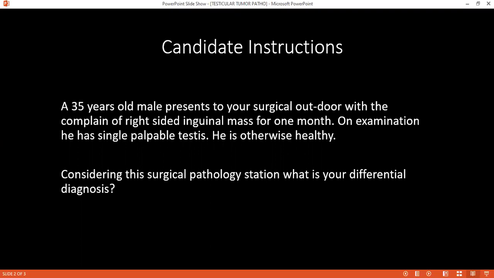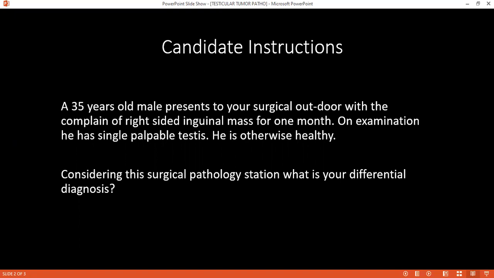To confirm my diagnosis, I would need clinical examination and investigations: ultrasonography, a scan, and tumor markers like beta hCG, lactate dehydrogenase, and alpha fetoprotein.